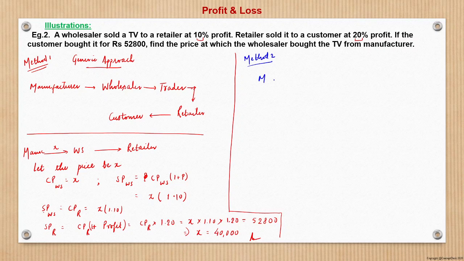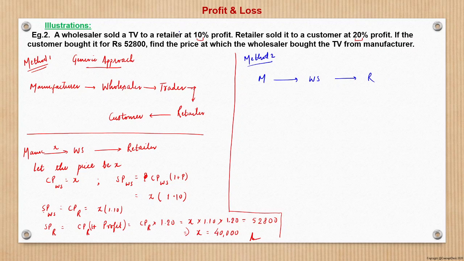Here is a manufacturer, he is selling to a wholesaler, and the wholesaler is selling to a retailer. So this is the event now.